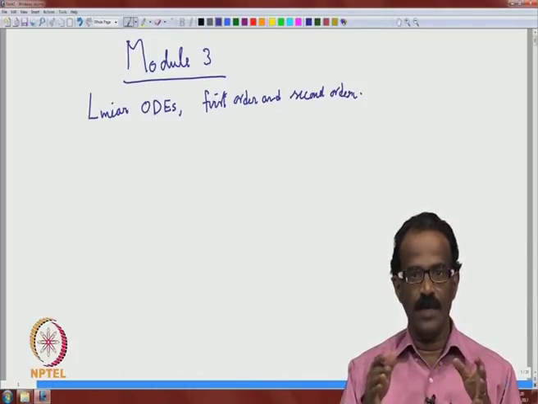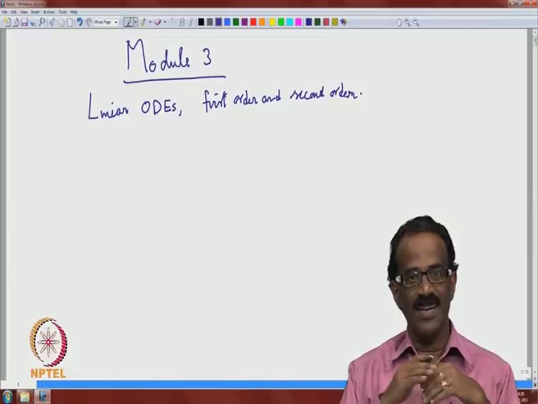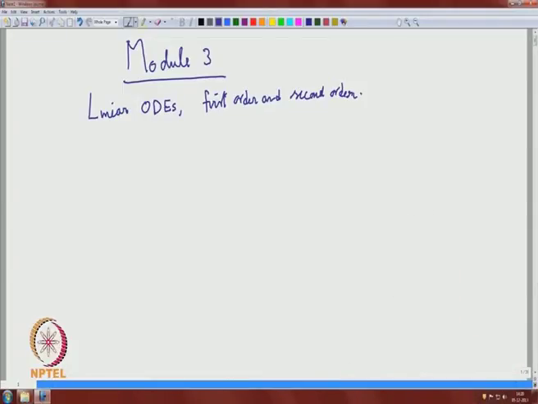We will also study the first order linear systems, which includes the nth order linear equations.